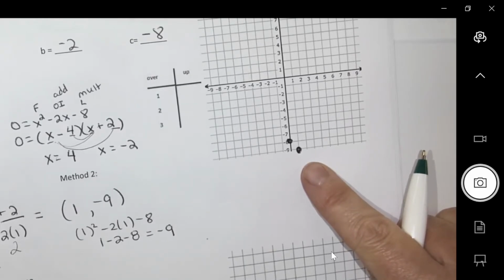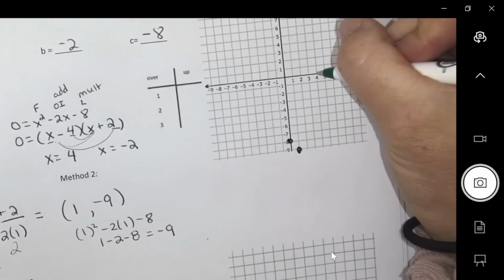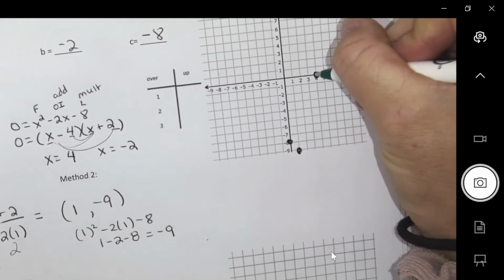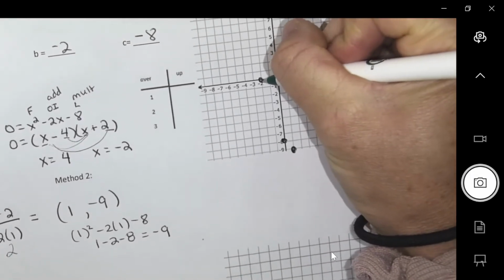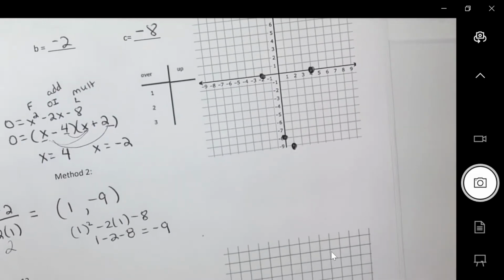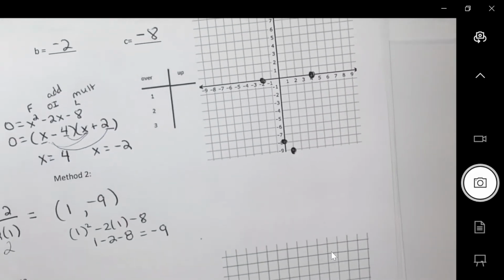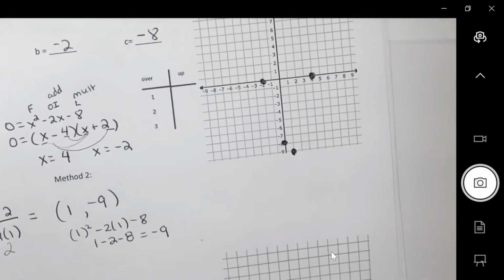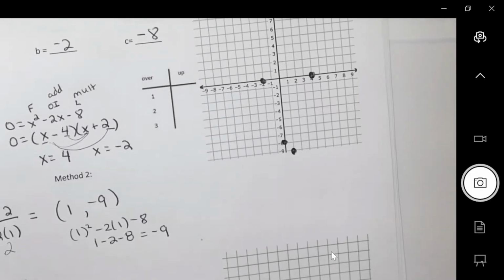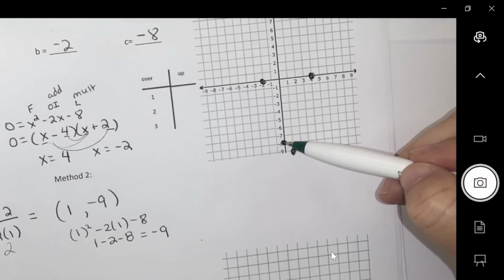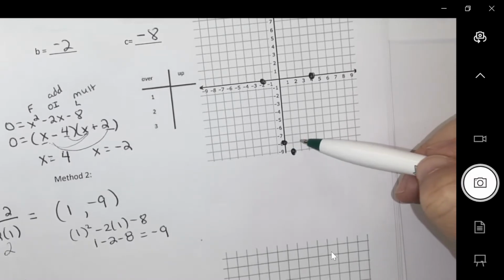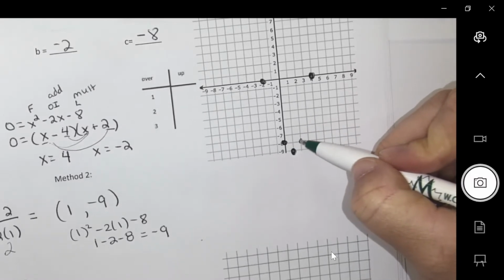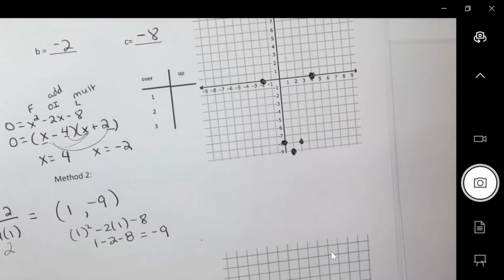And then we said the x-intercepts are 4 and -2. Is it going to make a parabola somehow? Yeah, probably. Can you find the partner to this point? Its partner would be 2, -8.